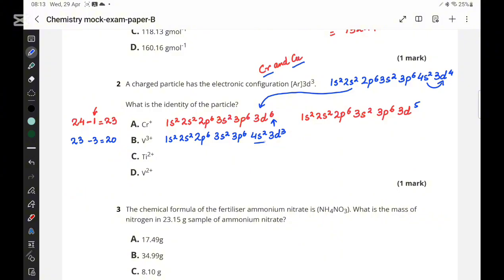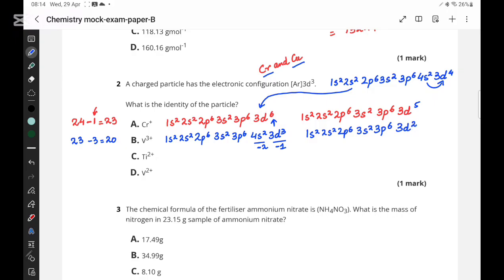So 2 electrons will be removed from this one, and then 1 electron will be removed from this part. So its electronic configuration finally becomes 1s2, 2s2, 2p6, 3s2, 3p6, and after losing electrons, first the 4s2 two electrons will be removed, and when 1 electron is removed from 3d3, it would become 3d2.